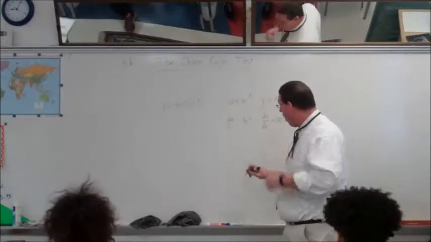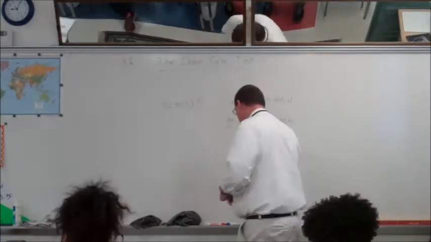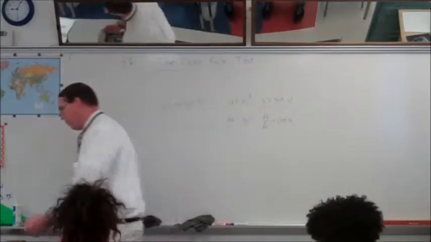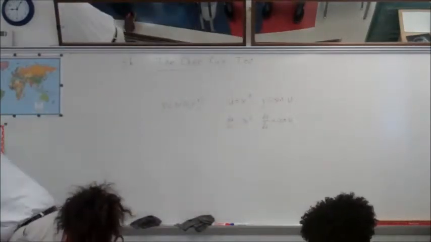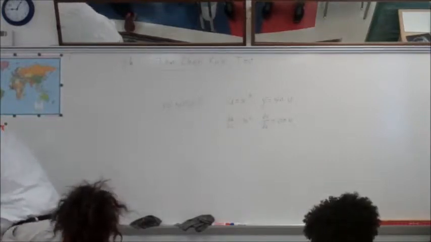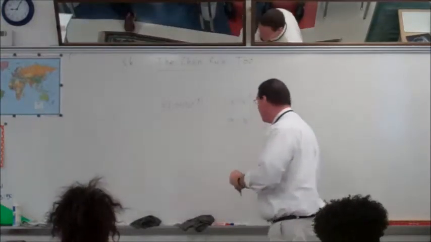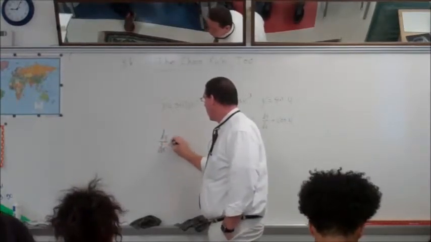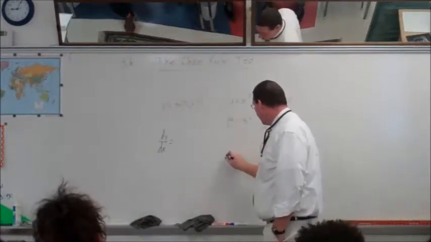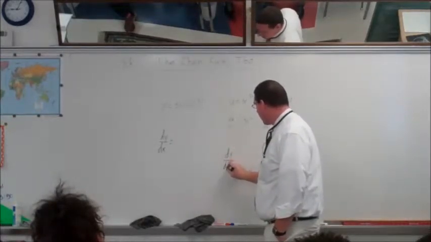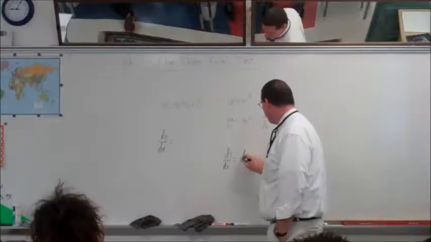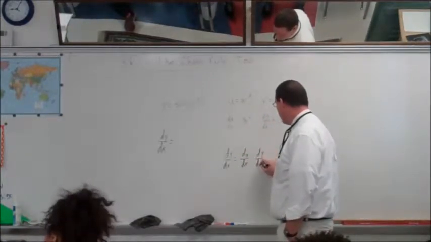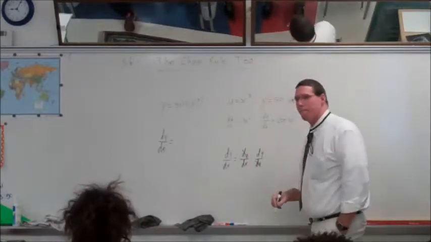And then I showed you how, if you want dy dx, that dy dx is equal to du dx times dy du, because the du's cancel.